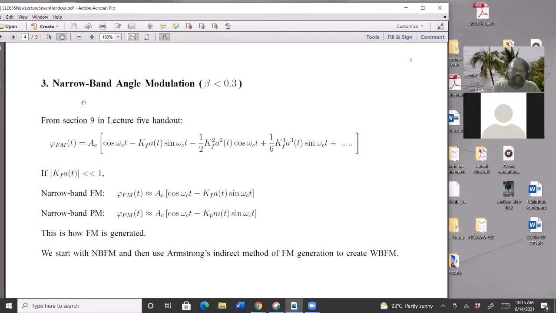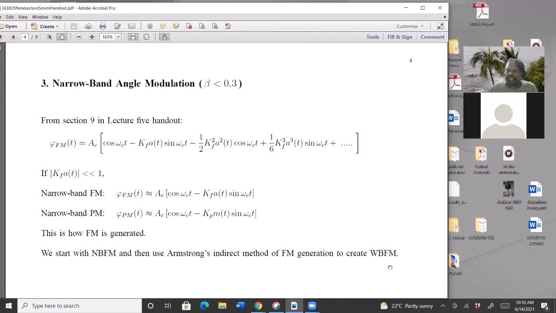So we actually make narrowband angle modulation and then use a technique called Armstrong's indirect method of FM generation to create wideband FM. We want to increase the bandwidth of the FM, like we need to have wide bandwidth in order to suppress the noise. This is the main difference between AM and FM.